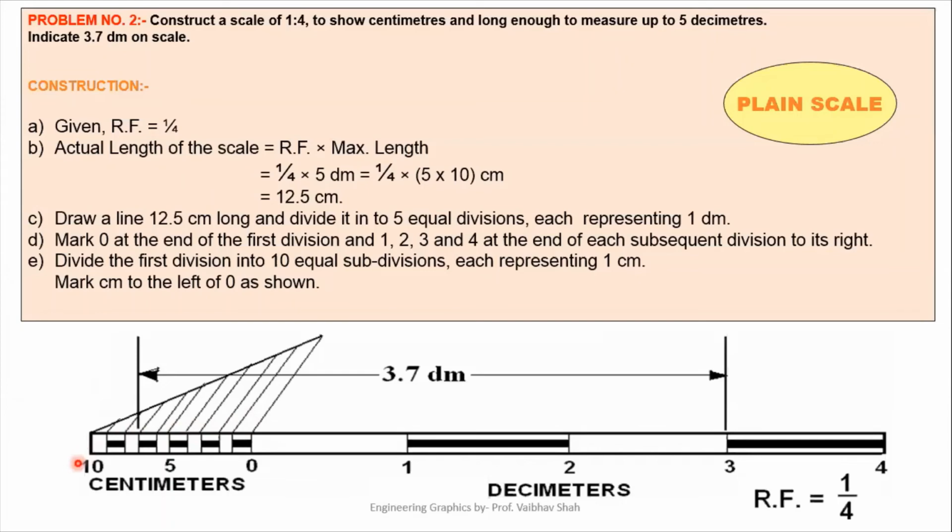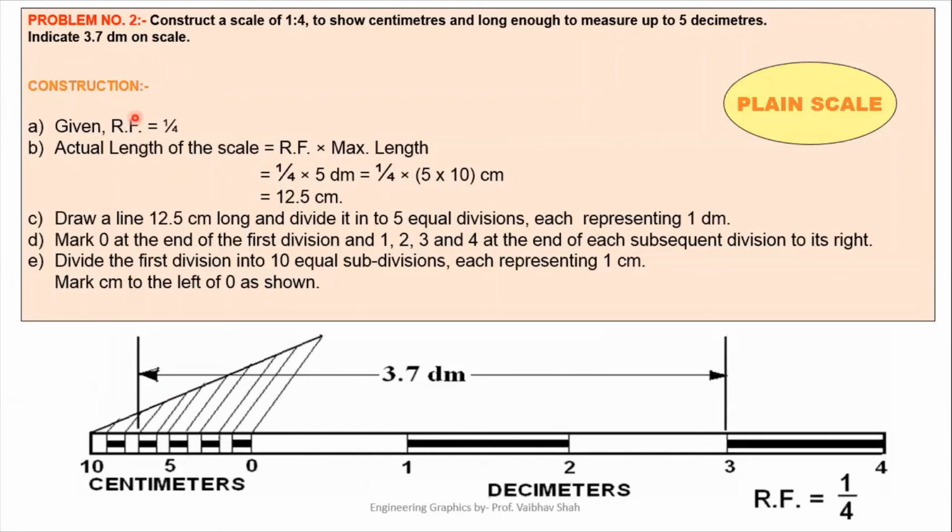Now after dividing this line, we'll be specifying 0, 5 and 10 and we'll specify units under this. This is secondary unit centimeter, this is primary unit decimeters, and we'll specify RF on the right hand side, which is 1/4.